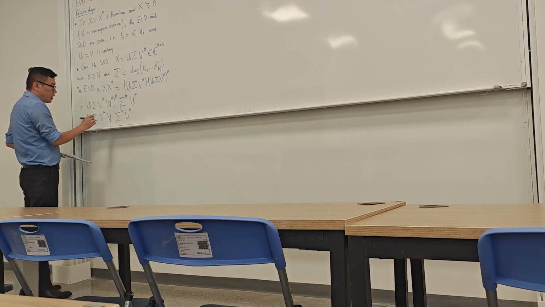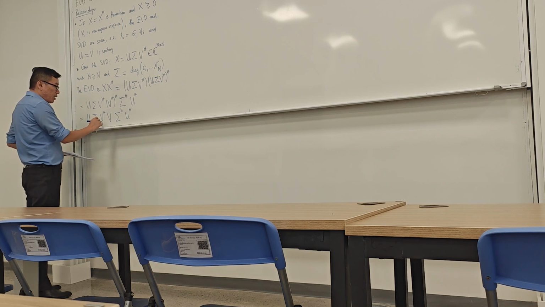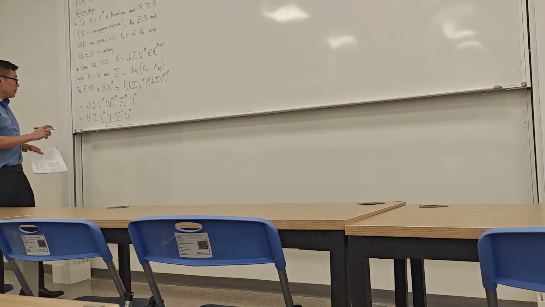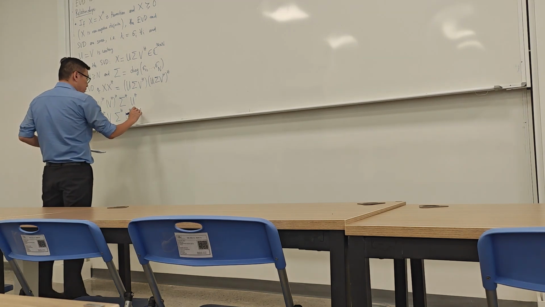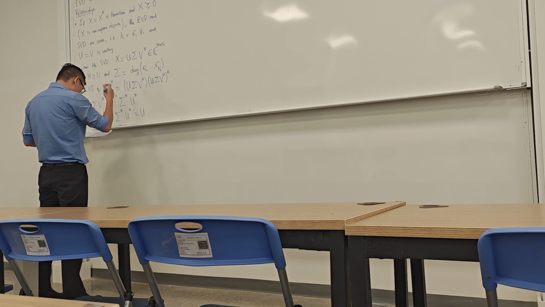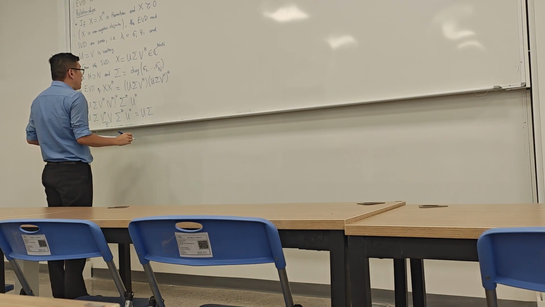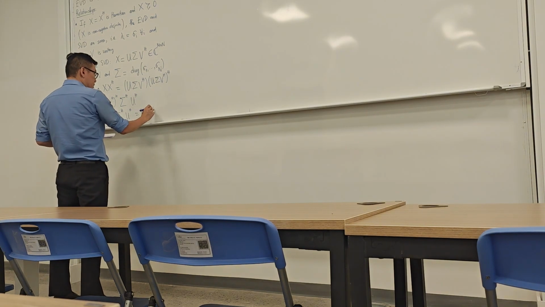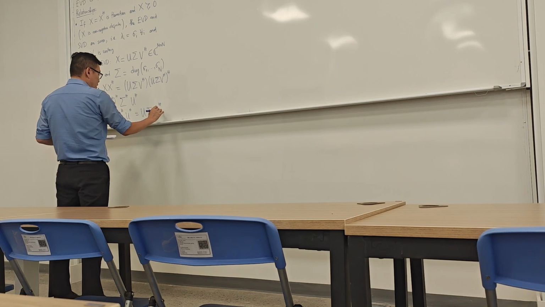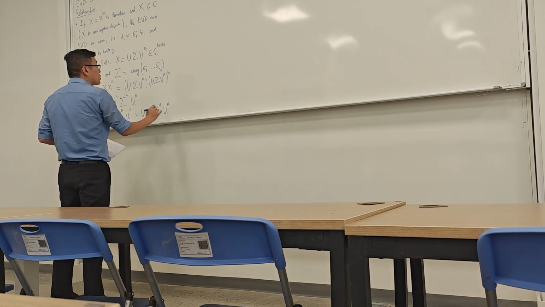But then you know that because V is a unitary matrix, V^H V becomes I, the identity matrix. Therefore, this becomes U sigma, multiplying with sigma Hermitian and multiplying with U Hermitian transpose.